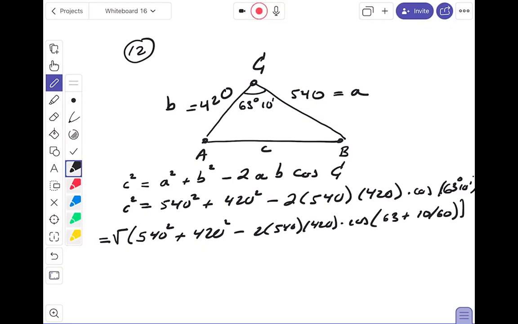It's always possible to type incorrectly, and that's why we have an answer key for you. And then times the cosine of 63 plus 10 divided by 60.